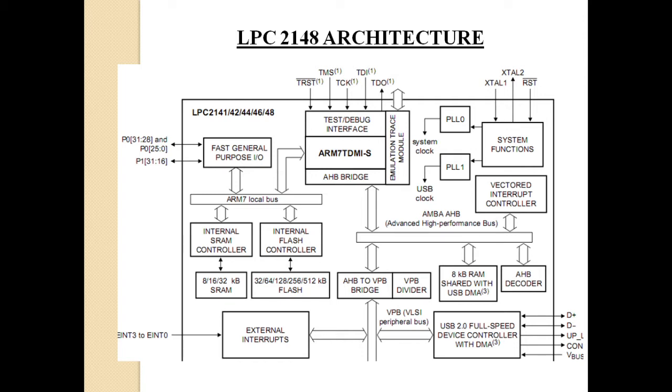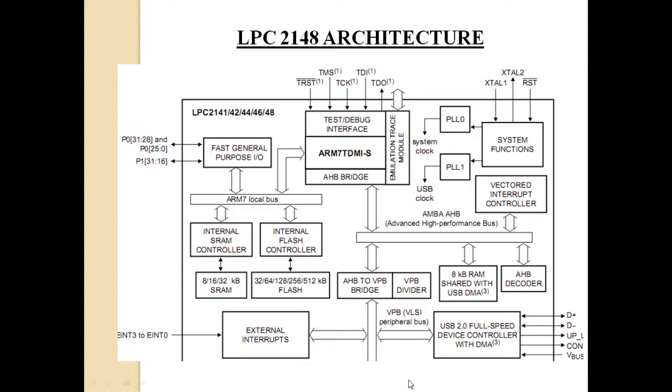So in our example, let us take the hard disk. It is connected to a low speed bus, here the VPB, and your processor is connected to the high performance bus through cache, something similar to that. So the high performance devices are connected to the high speed bus known as the advanced high-performance bus, and all the low speed peripherals are connected to the VLSI peripheral bus.